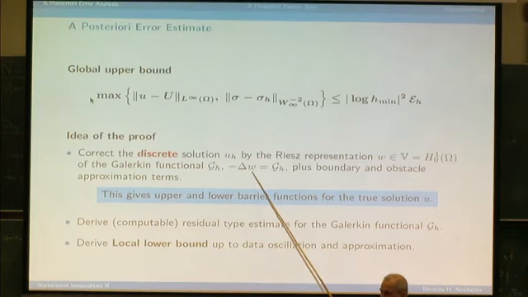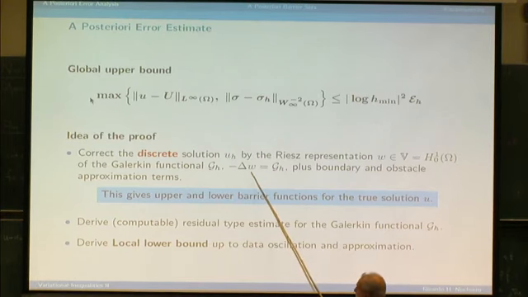We construct this w. So I'm going from discrete to continuous. Now, this function is an auxiliary function that allows me to go from the uh by a simple modification to do these two.